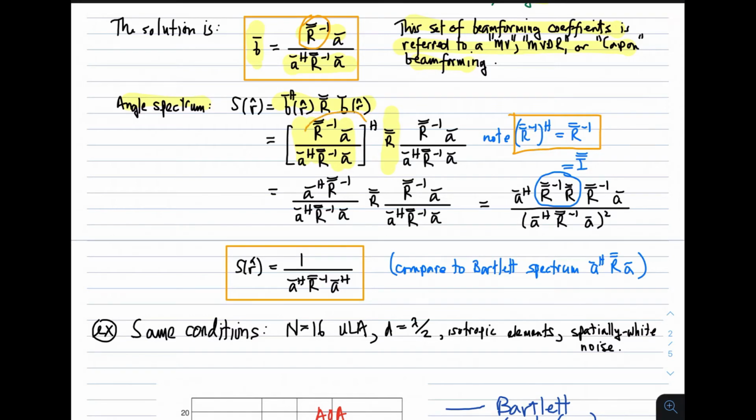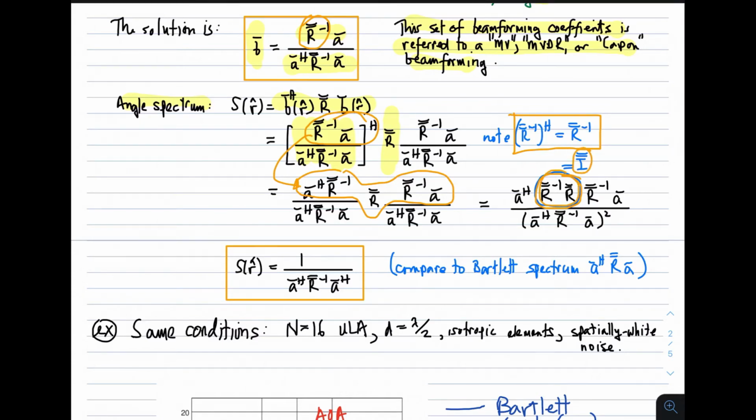So what we get when we take the Hermitian of that numerator is simply the inverse of the spatial covariance matrix left multiplied by the steering vector. And here everything else is left the same. So now when I take all the factors that appear in the numerator and line them up, I see that there is a place where I have the inverse of the spatial covariance matrix right multiplied by the spatial covariance matrix, and that is the identity matrix.